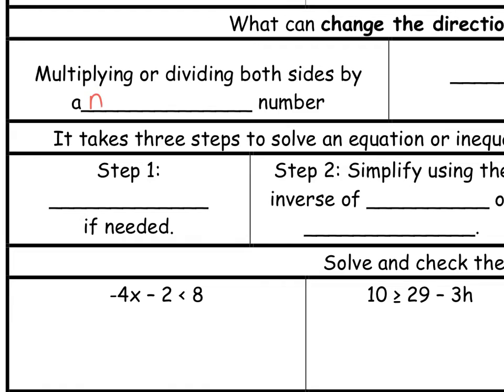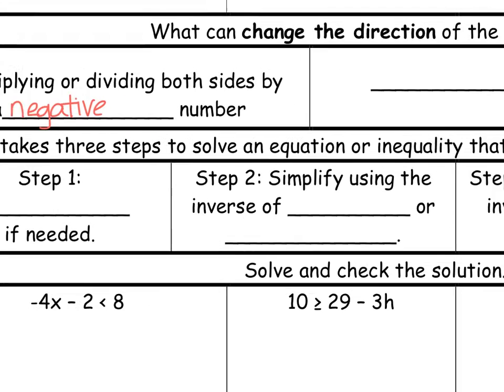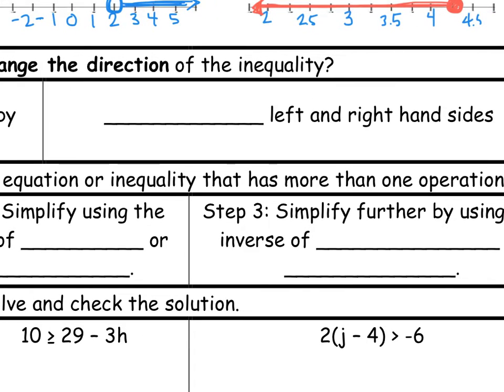And when we undo multiplication or division, if the number we're multiplying or dividing by is negative, it is going to flip the inequality symbol.